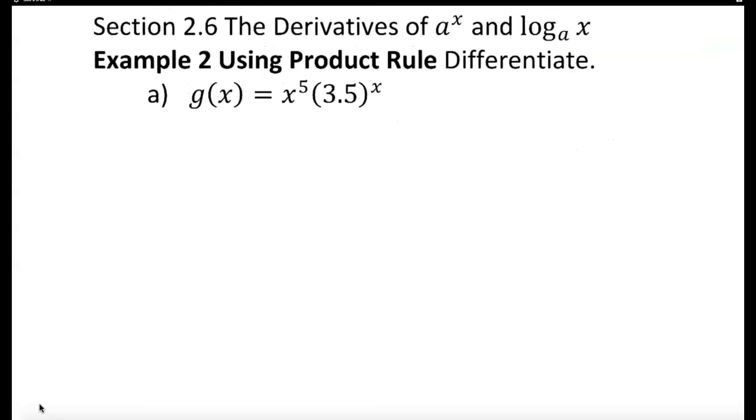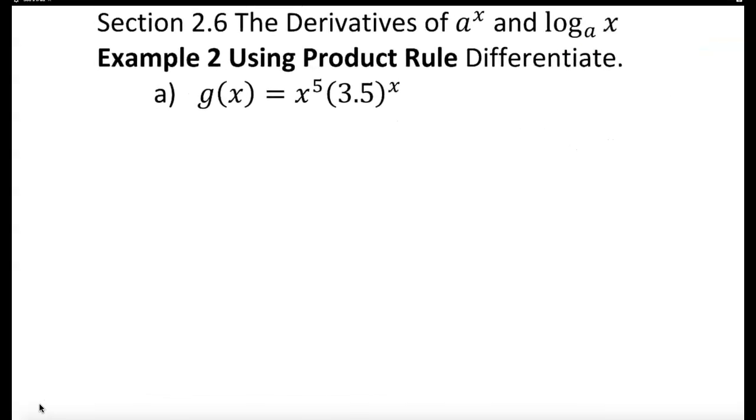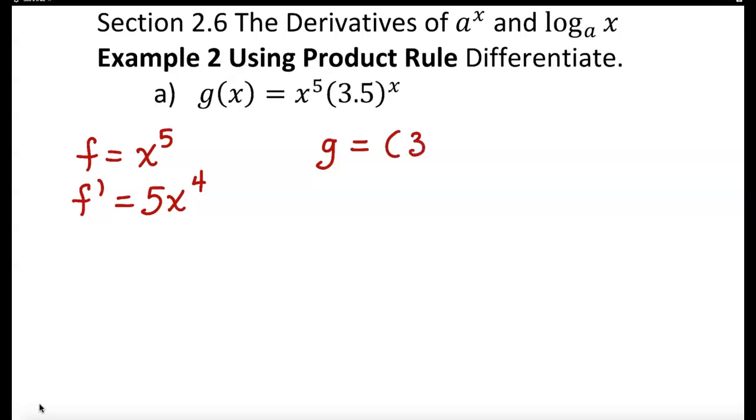Differentiate. G of x is x to the fifth power times 3.5 raised to the x power. So I'll go ahead and identify that my first piece is x to the fifth and f prime is 5x to the fourth. I am setting up my product rule here, okay? G, the second piece of the multiplication, is 3.5 raised to the x power.